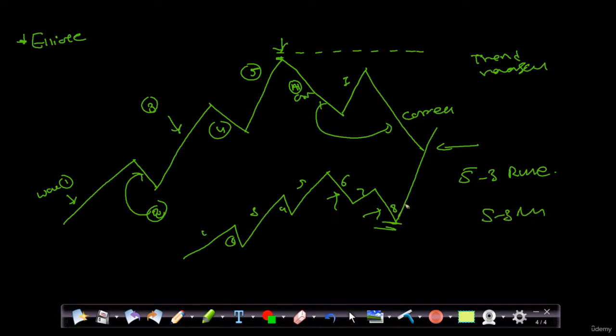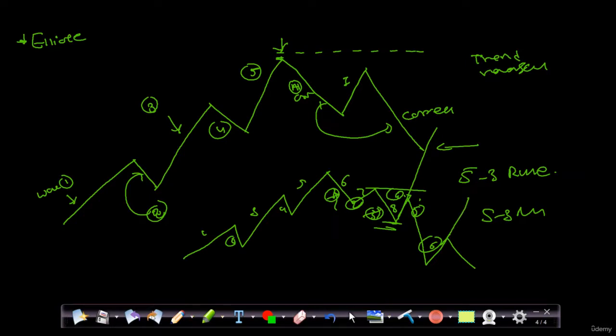Again, if the market is not able to break this high, there is a high chance that the market will drop again and continue the Elliott wave from the downside, like again 1, 2, 3, 4, 5, then it will move upside.